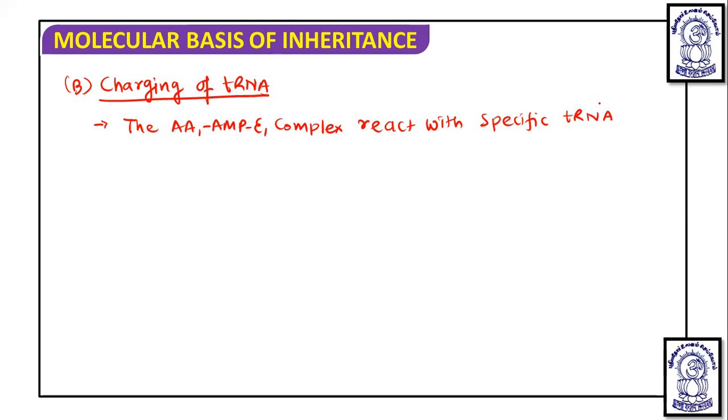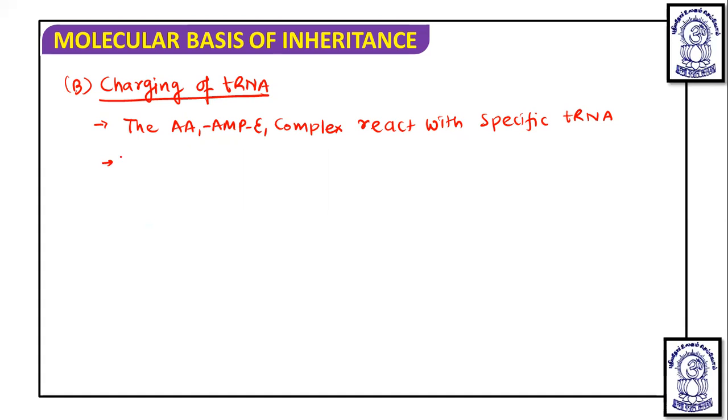That means for each separate amino acid, the tRNA is specific. If there are 61 different codons, 61 different types of amino acids are possible. According to the codon, different types of amino acids are there, so the tRNAs are also specific.